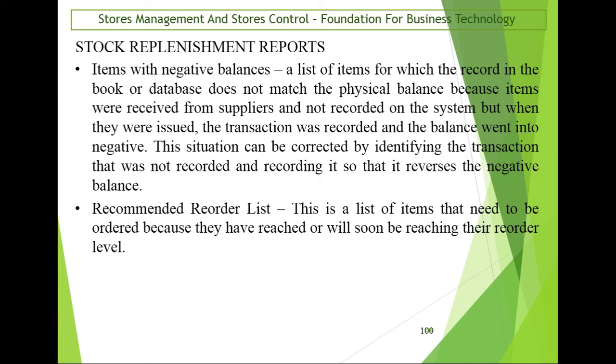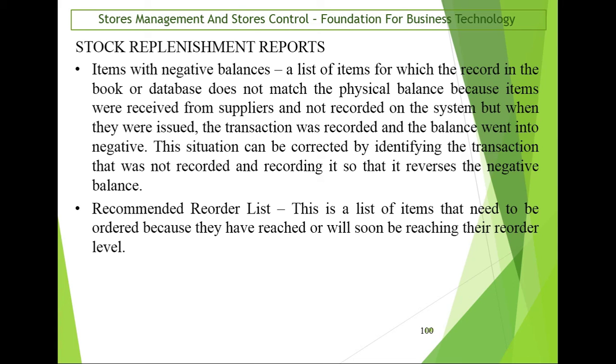We can also generate a report of items with negative balances. This report presents a list of items for which the record in the book or database does not match the physical balance, because items were received from suppliers and were not recorded on the system.